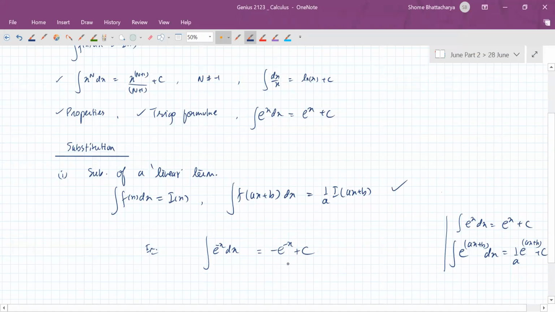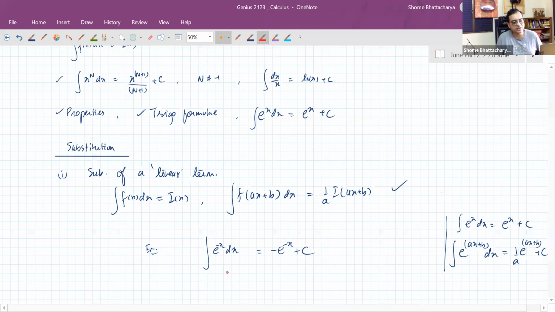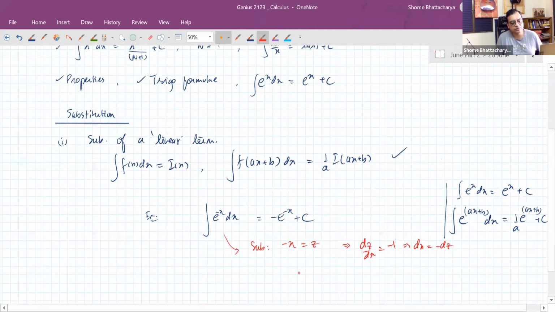Moreover, now you can see if you differentiate this, you will get this. If you want to do all the steps properly, you substitute minus x as z. So when you substitute this, dz by dx is equal to -1. That means I should substitute dx as minus of dz. So the integration becomes e raised power z but into minus dz.